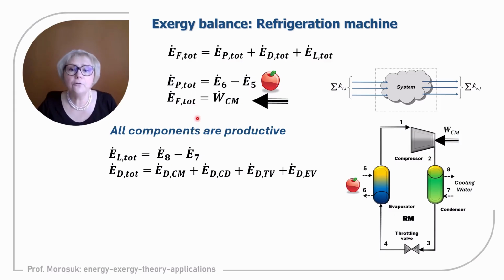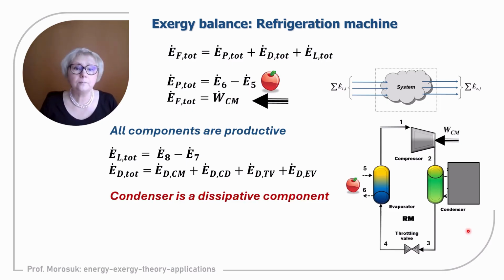One more time: if all components are productive components, we have the equation for the total exergy destruction within the system. Now the equation if the condenser is treated as a dissipative component. We can do it also because the exergy transferred with heat from the condenser is the transfer of exergy to the environment. So the condenser can also be treated as a dissipative component.